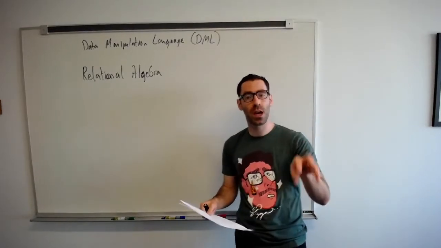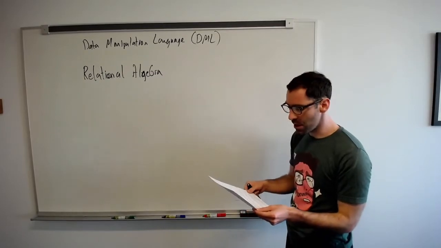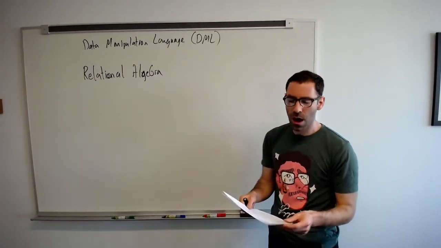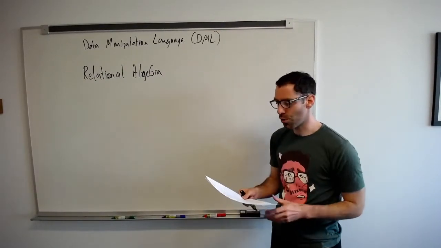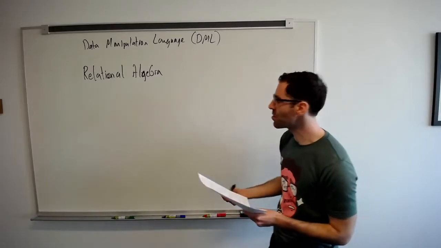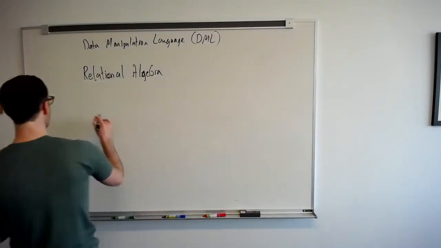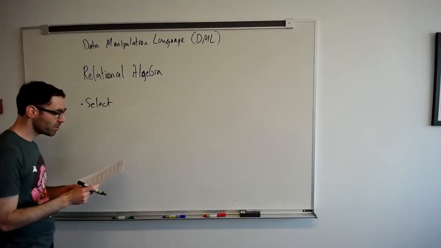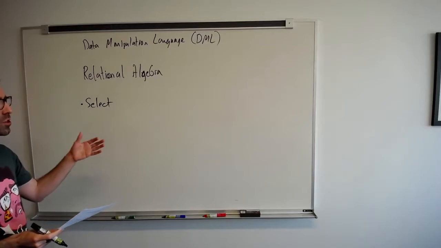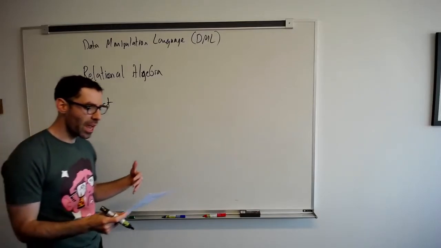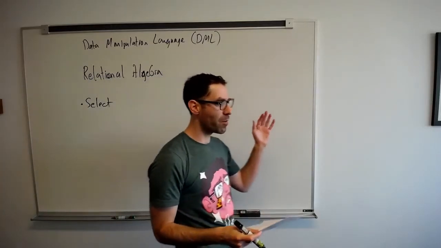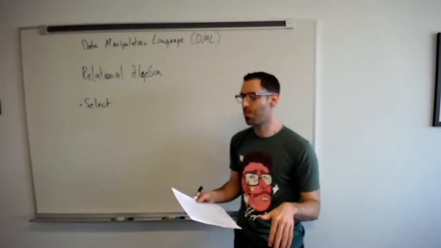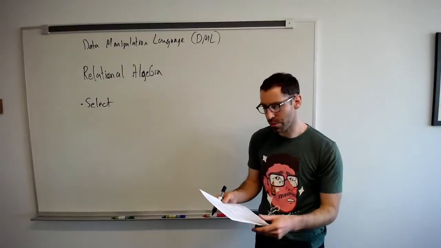And we're actually going to combine these operators together to create more complex operations. So first up is the select operator, which is going to take a relation and do some sort of filtering to produce a subset of the tuples in that relation.